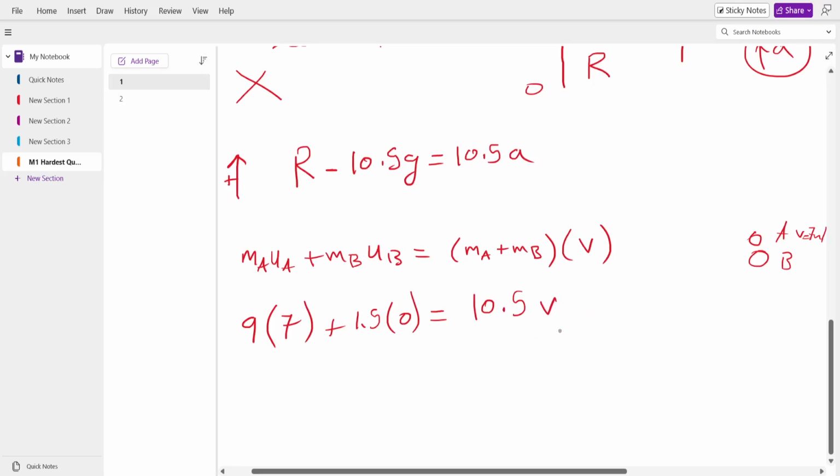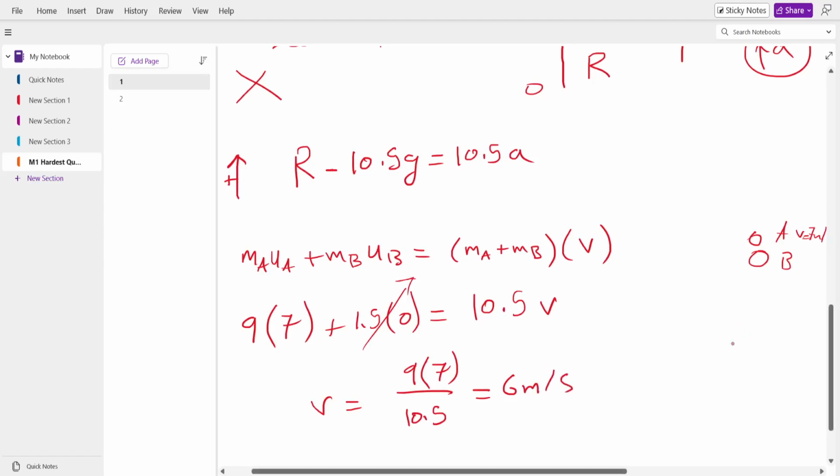This is my speed after the collision, so the speed of the combined masses. To find that, it's basically 9 times 7, plus 0, and then divide by 10.5. So 9 times 7 over 10.5 is going to give me a speed of 6 meters per second.